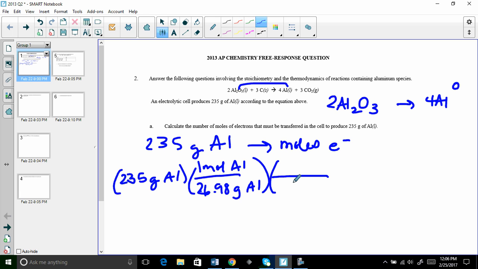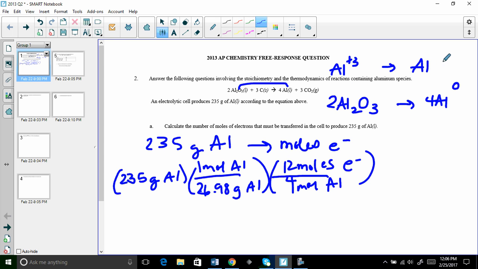So if you want to think about it, for every 4 moles of aluminum, you get 12 moles of electrons. But 12 to 4 is the same thing as 3 to 1, because aluminum with a +3 charge on this side, if you don't pay attention to it being balanced, is going to a 0 charge over here.